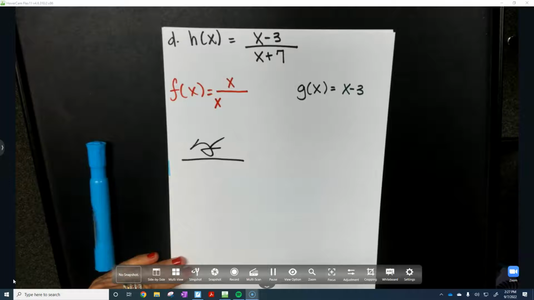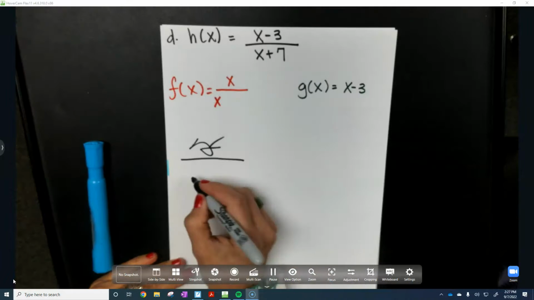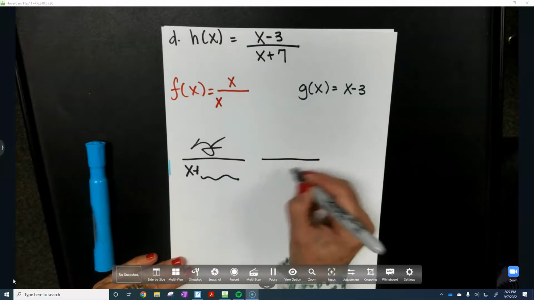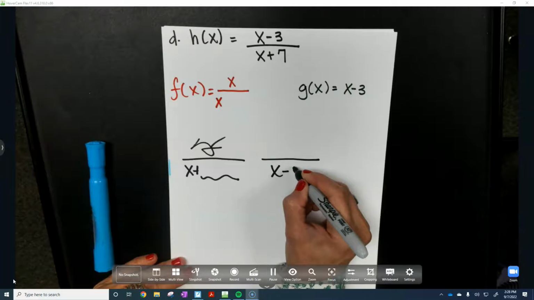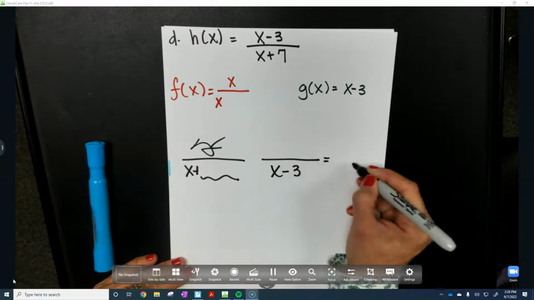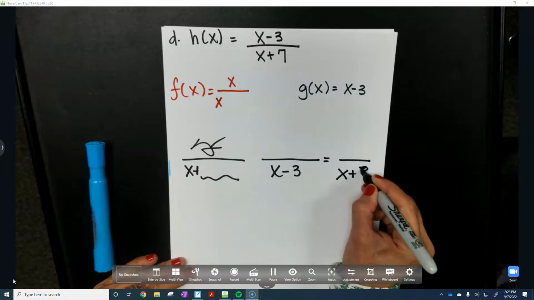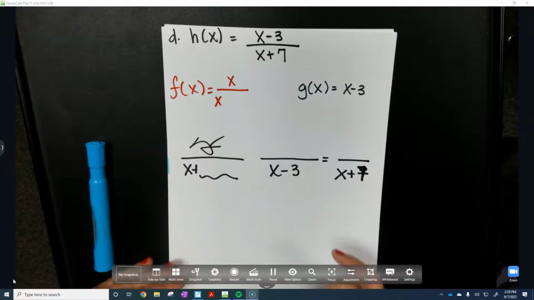I don't even care what's on the top. Top doesn't matter. I know that it was x plus something. We dropped in an x minus 3, and we ended up with an x plus 7. Has to be a plus 10. Good job. Y'all, there was a plus 10 already there.